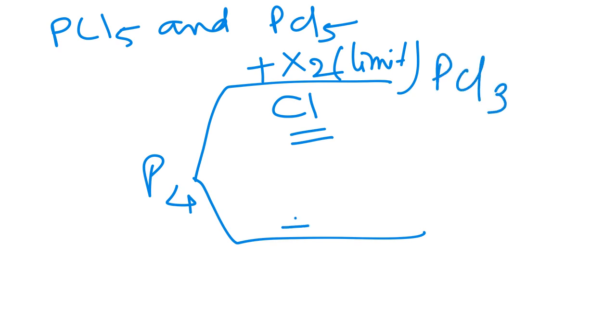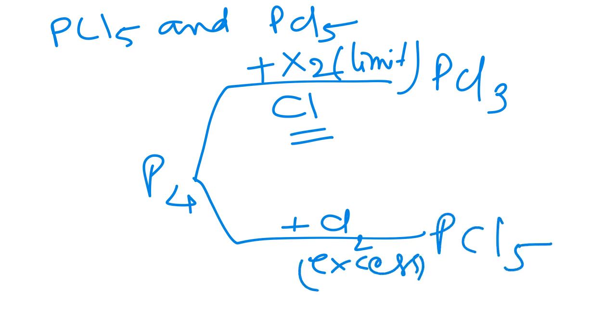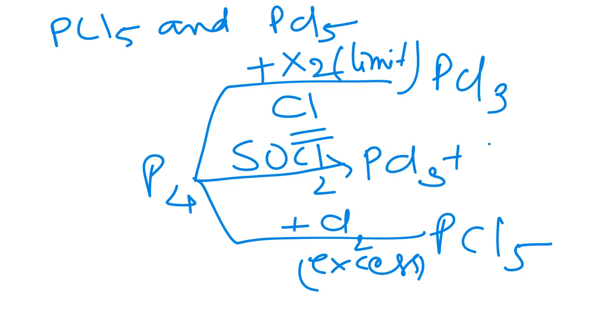If you take Cl2 in excess, then what you will get? PCl5. Then one more preparation is there for PCl3, that is reaction with P4 with SOCl2, thionyl chloride. It forms PCl3 plus SO2 plus S2Cl2. So this is the preparation of PCl3 and PCl5.